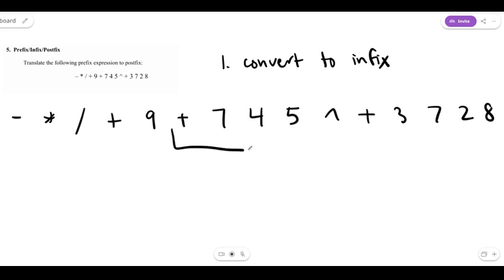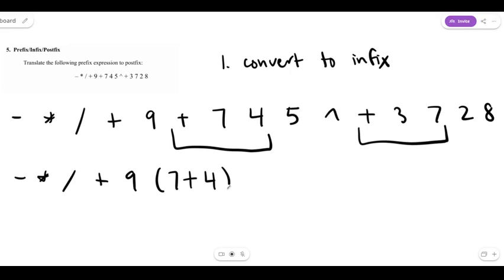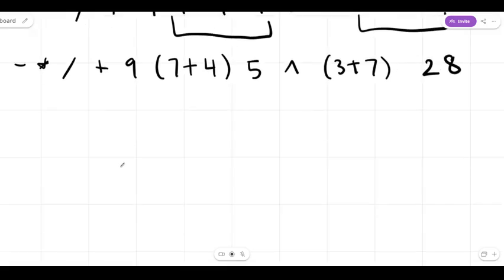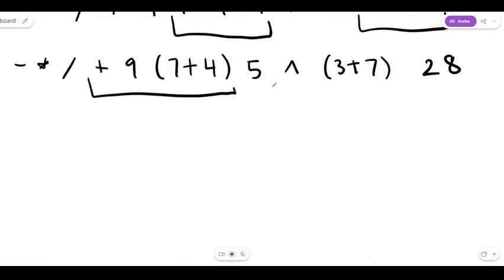So first we look at where do we have an operator followed immediately by two numbers. So we change the expression into this. And then now what we have in the parentheses can basically be counted as one number.